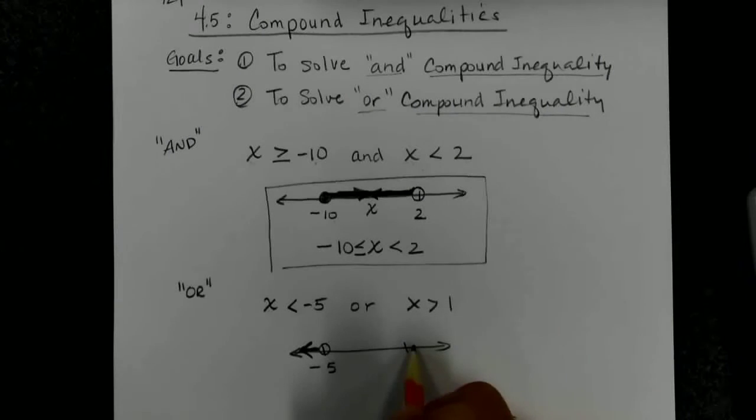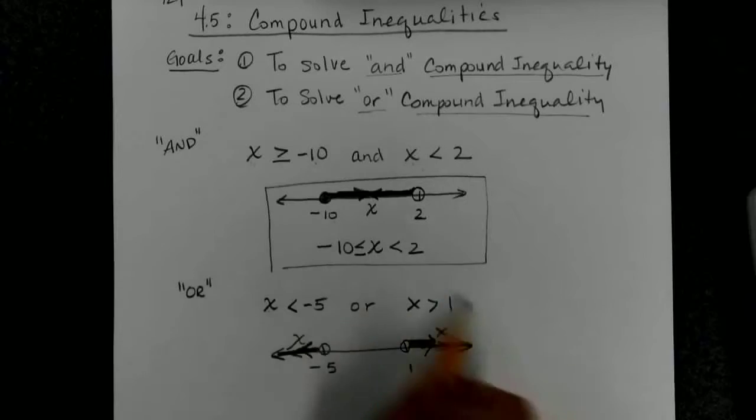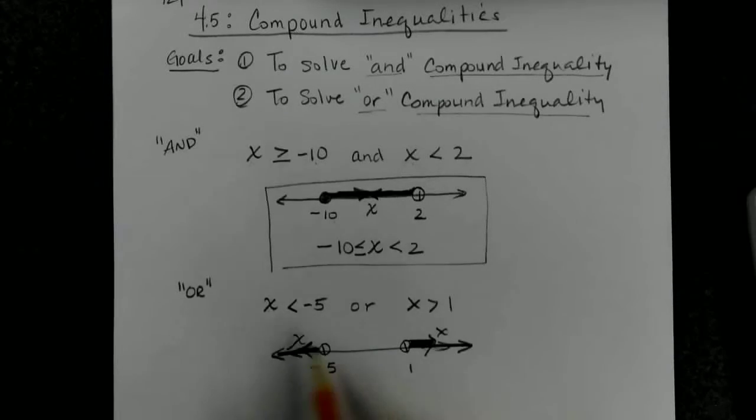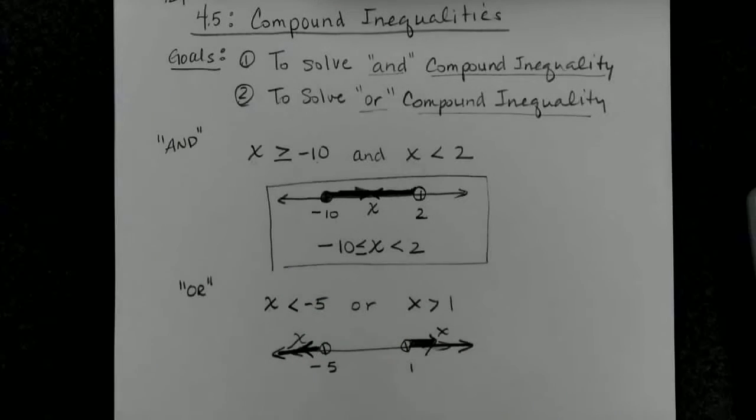And in this one, x is greater than 1, so it's an open circle, and the greater than side will be to the right. So any numbers on the left side of negative 5 and the right side of 1 would meet this condition. It's either or. It doesn't have to be true for both. That's why it's an "or" compound inequality.